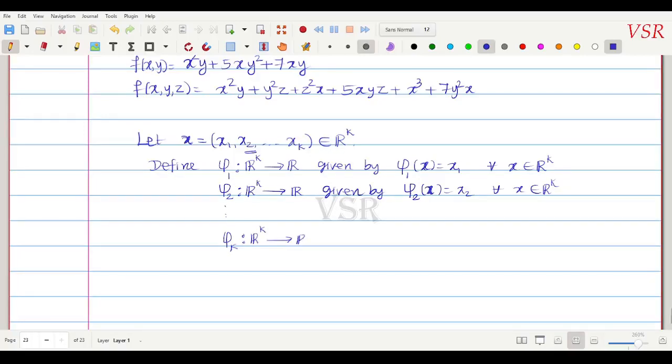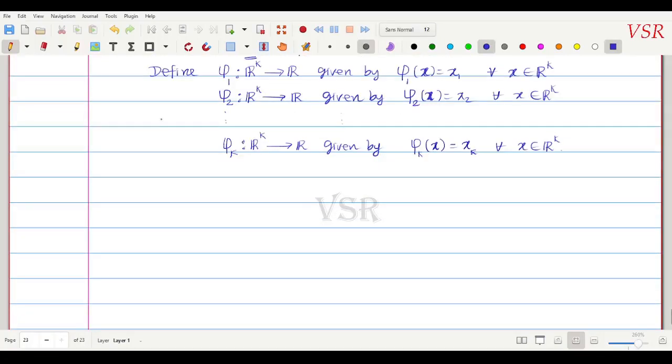Okay, given by phi k of x vector which is equal to xk for every x belongs to r power k. Okay, so these phi 1, phi 2, phi k are known as coordinate functions.